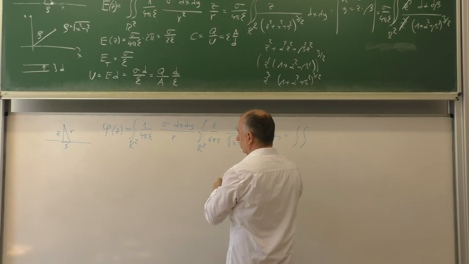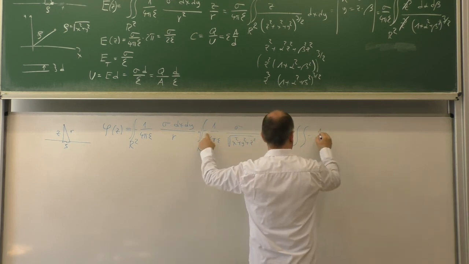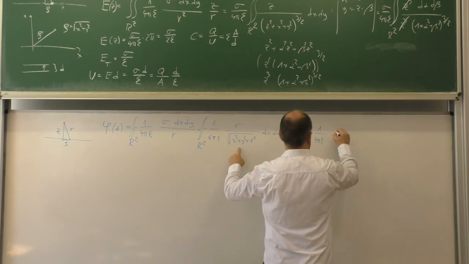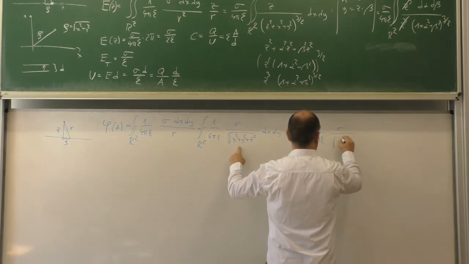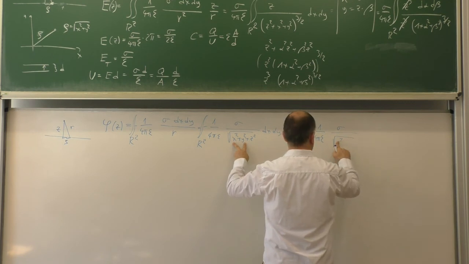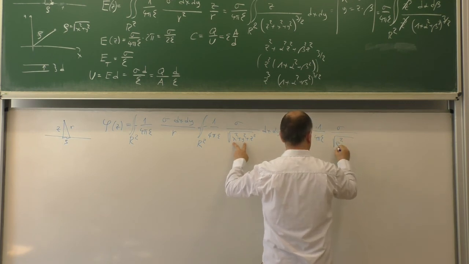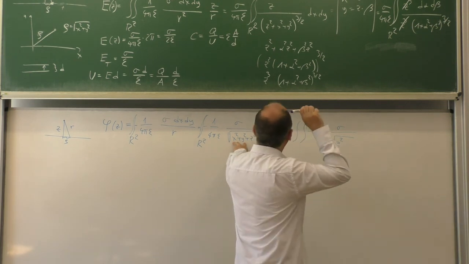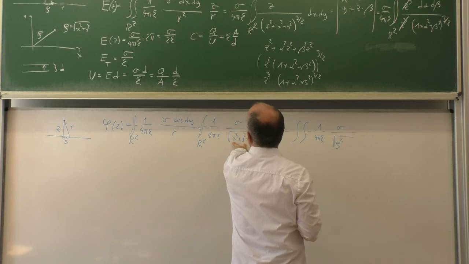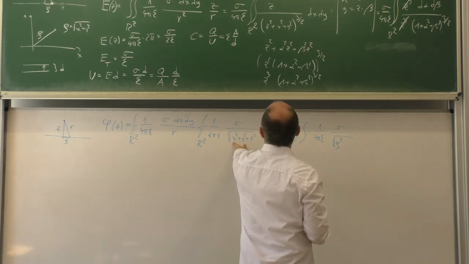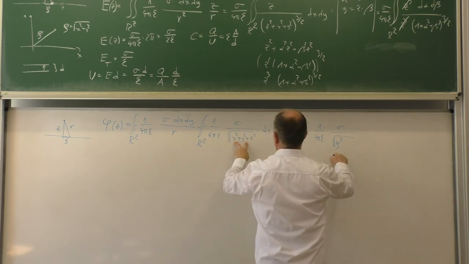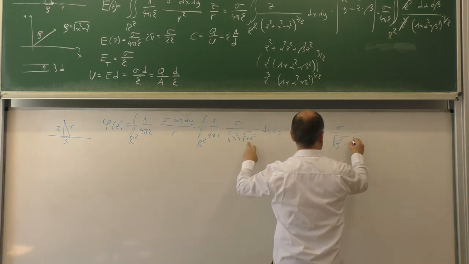Yeah, we can factor out minus 1 over 4 pi epsilon sigma over square root of, and x squared plus y squared is rho squared, rho squared plus z squared.